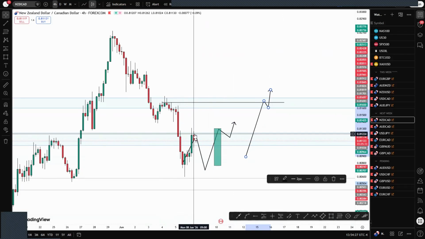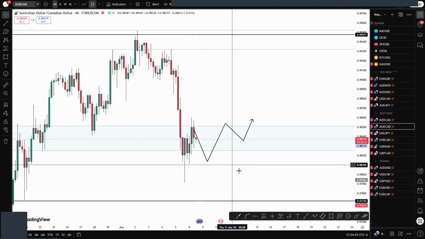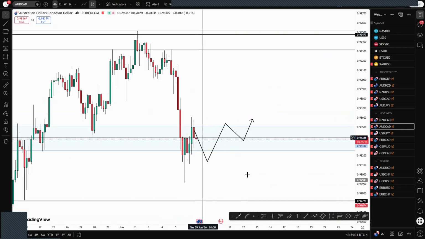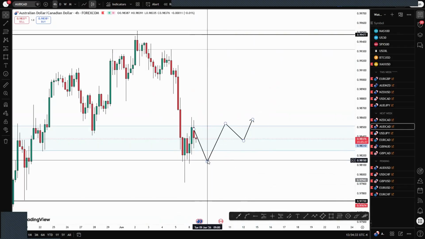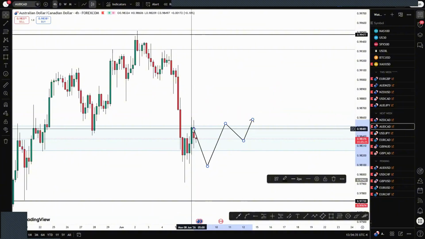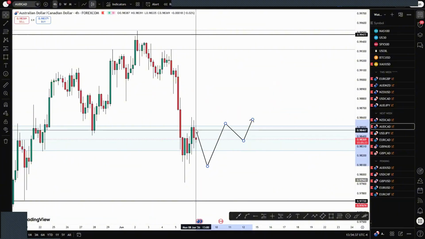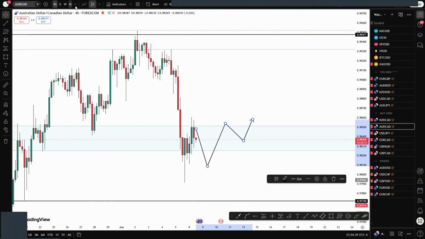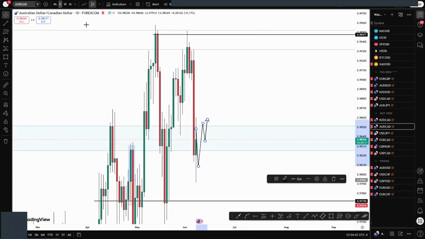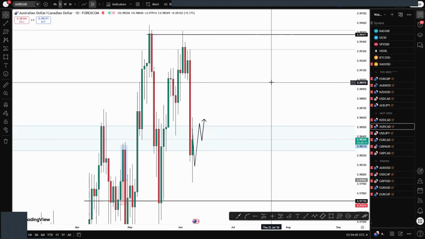Next is AUDCAD. I'm also expecting a new low and a shift because that's the only sensible way I can buy. Rather than that, we are still waiting.